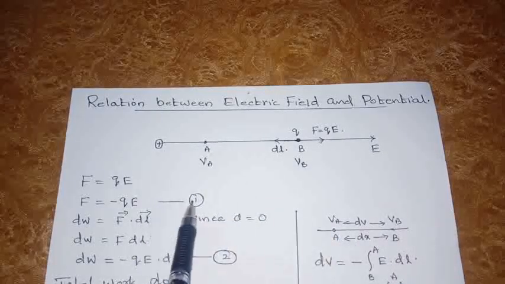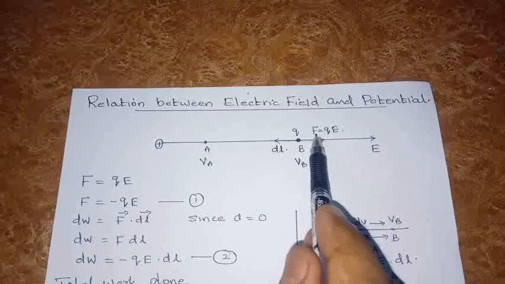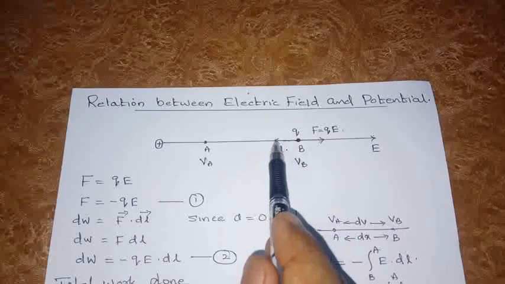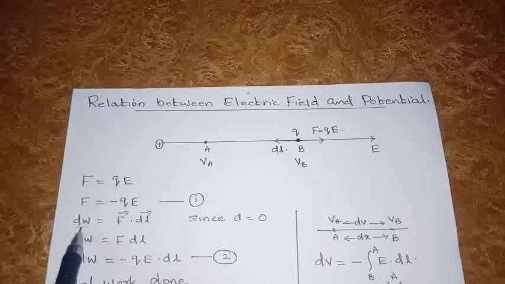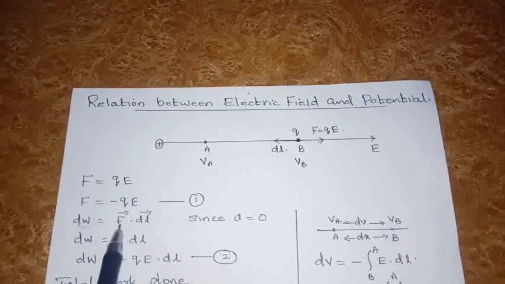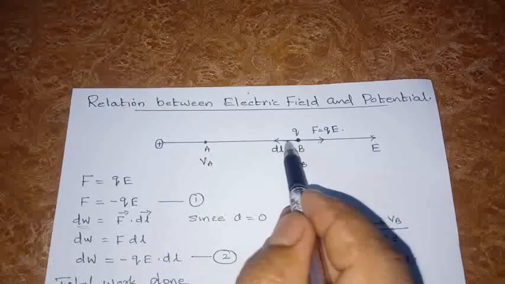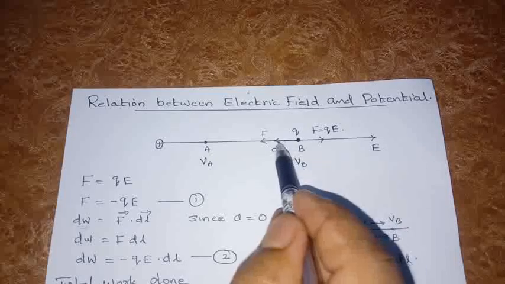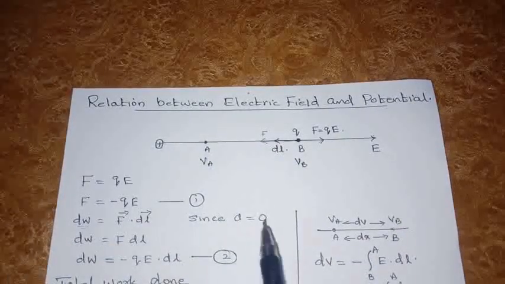Put this as equation number 1. By applying the equal and opposite force F is equal to minus QE, I am able to move the charge through a distance dl. Then the small amount of work done can be written as dW is equal to F dot dl. Now look at the direction of force applied, and what is the displacement? This itself is the displacement direction. Theta is equal to 0.